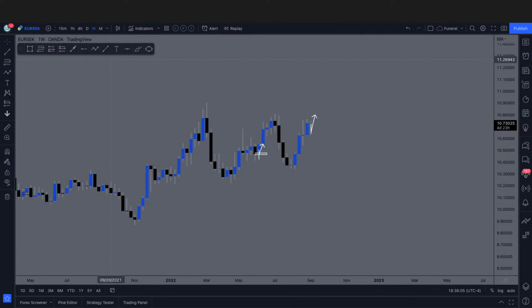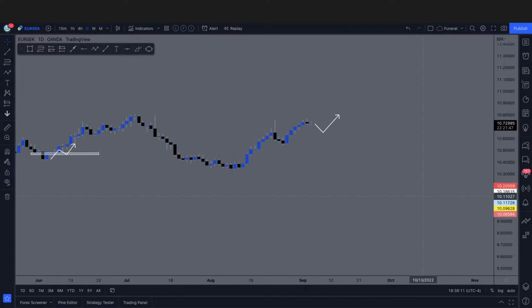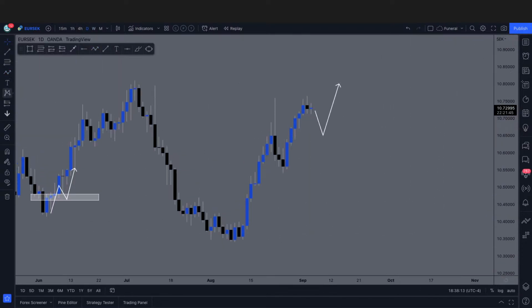If we look at it from the weekly, we can see the impulse to the downside and the impulse back up as well. Going down to the daily time frame, you can see that we've just completed this impulse, correction and impulse move, and we are starting to make another impulse and retracement now. If we do get a retracement back down in this area, a continuation to the upside will be what I'm looking for.